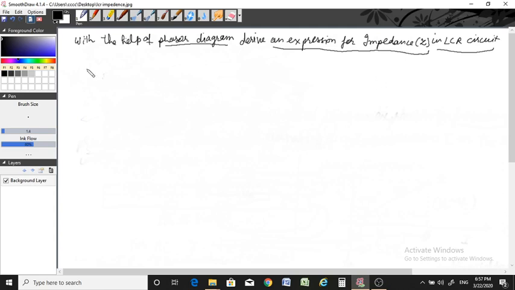First we will define phasor diagram. What is phasor diagram? It is very simple.